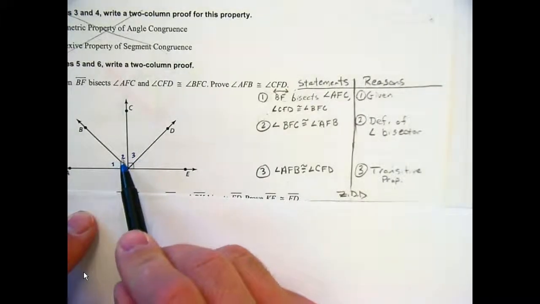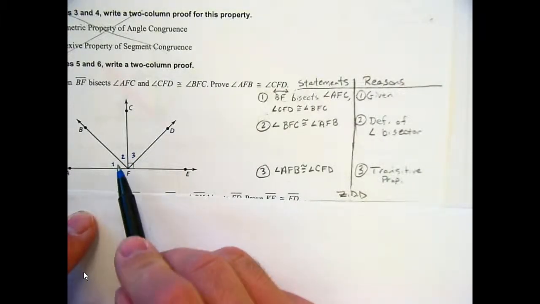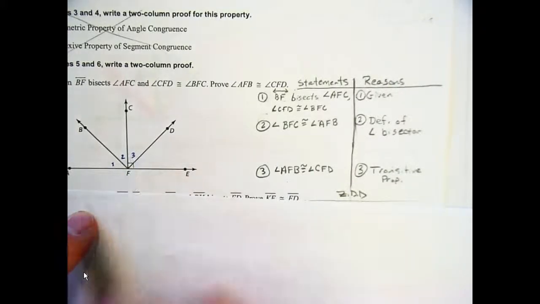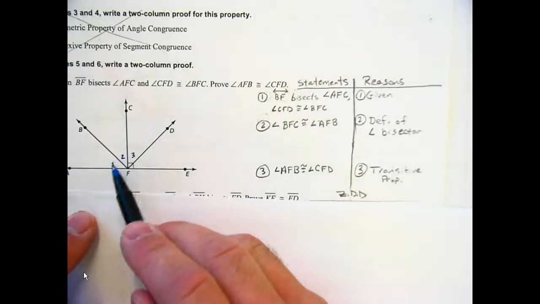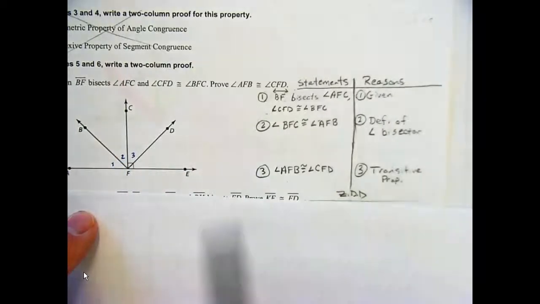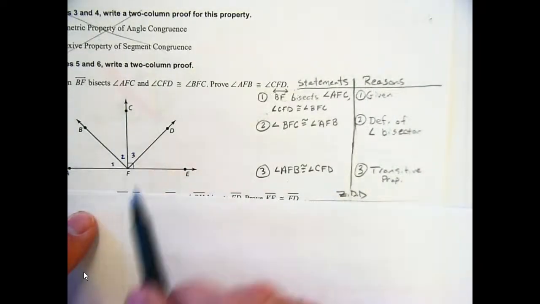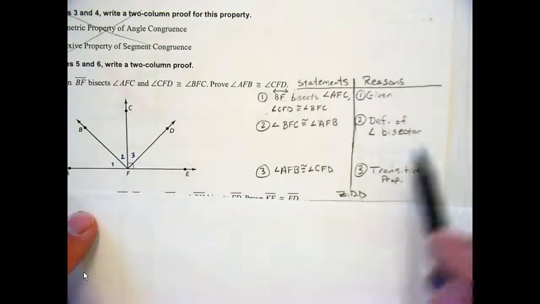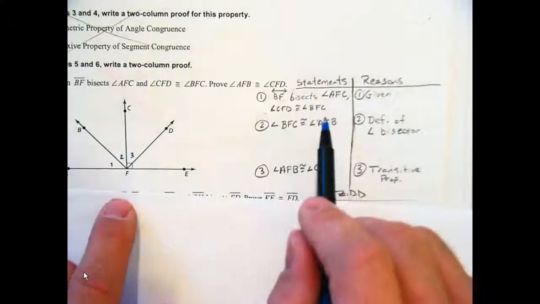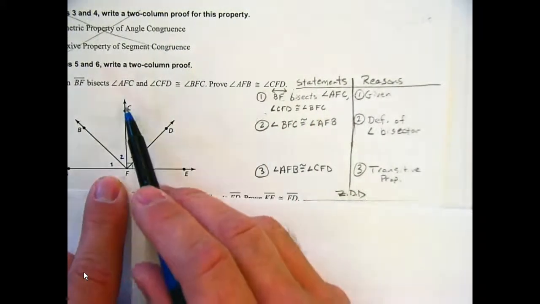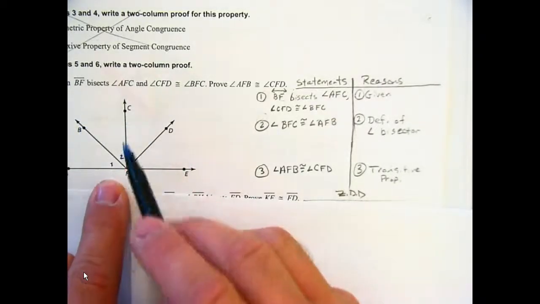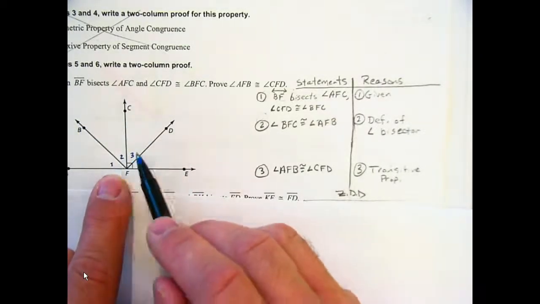Do I have that backwards? I think I do. I think I confused myself. Okay, these two are congruent, and we have BFC is congruent to AFB based on angle bisector. They also tell us CFD is congruent to BFC, so 2 is congruent to 3, therefore 1 and 3 have to be congruent.